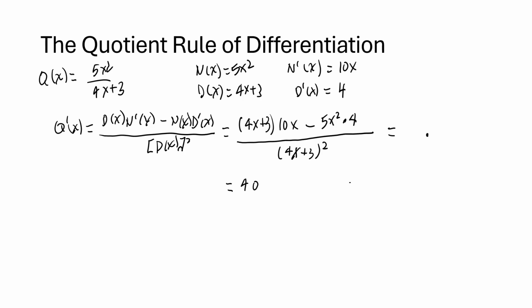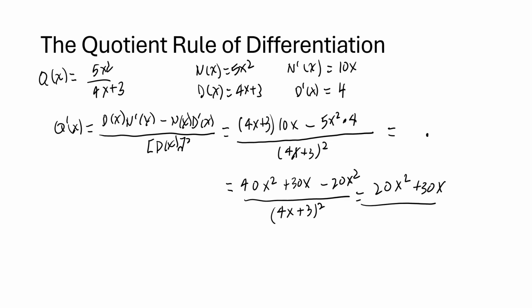So that is going to be equal to 40x squared plus 30x minus 20x squared, divided by the quantity 4x plus 3 squared. So that's going to be 20x squared, just combining like terms, plus 30x divided by the quantity 4x plus 3 squared.